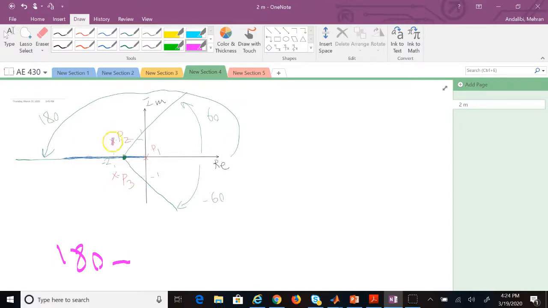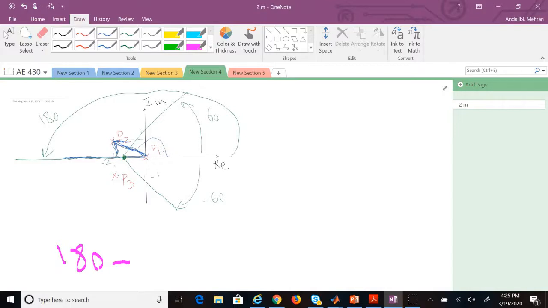So if I focus on pole P2, this pole, what is the angle of other poles to this pole? So if I connect pole P1 to pole P2 with a solid line like this, what is the angle of the vector that connects P1 to P2, right? What is this angle?